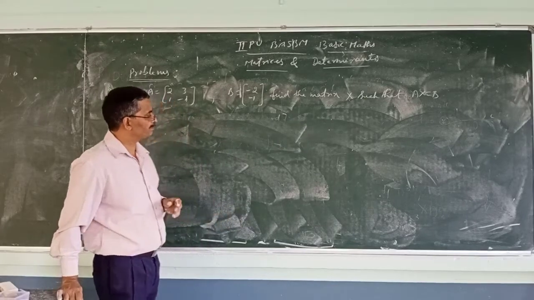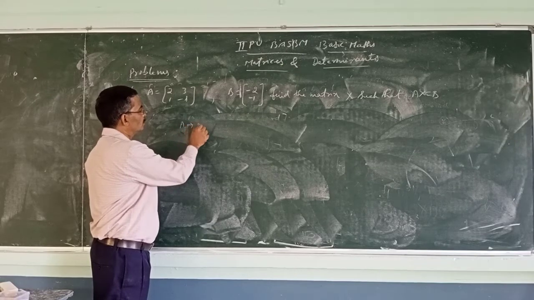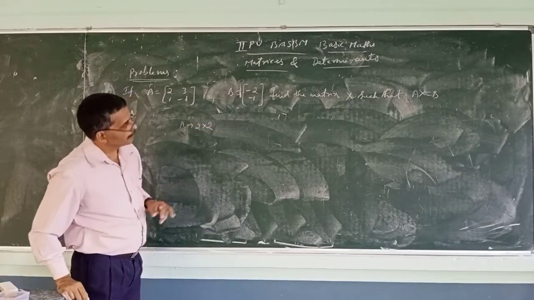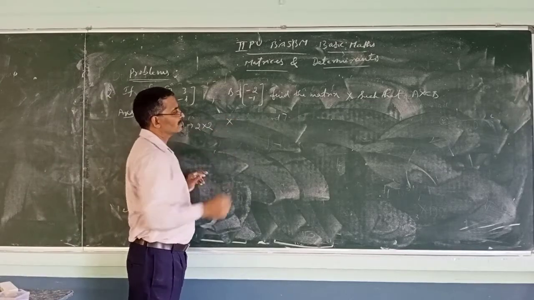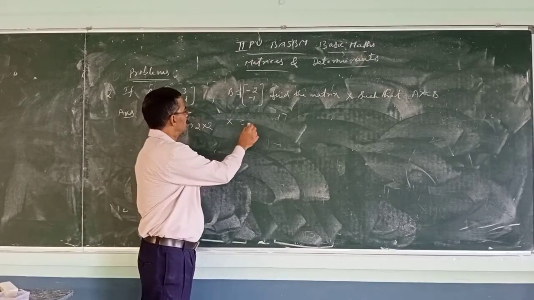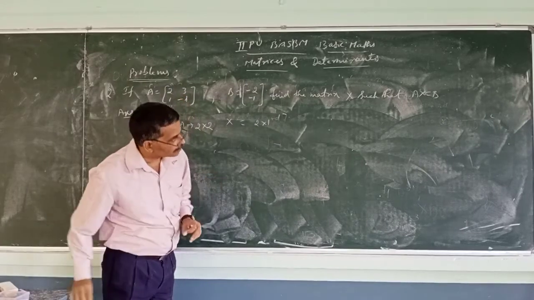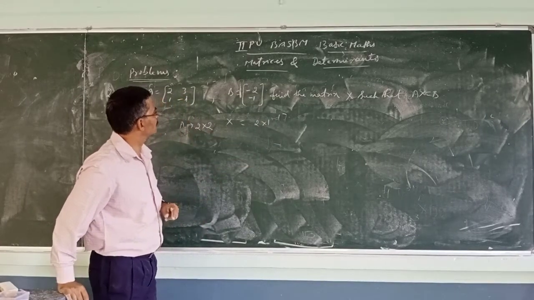How to get it? Now, listen, A is of order 2 cross 2, into X, whatever it is, we will find out, equal to B. B is of order 2 cross 1, so the right hand side is given. So what should be the order of X?